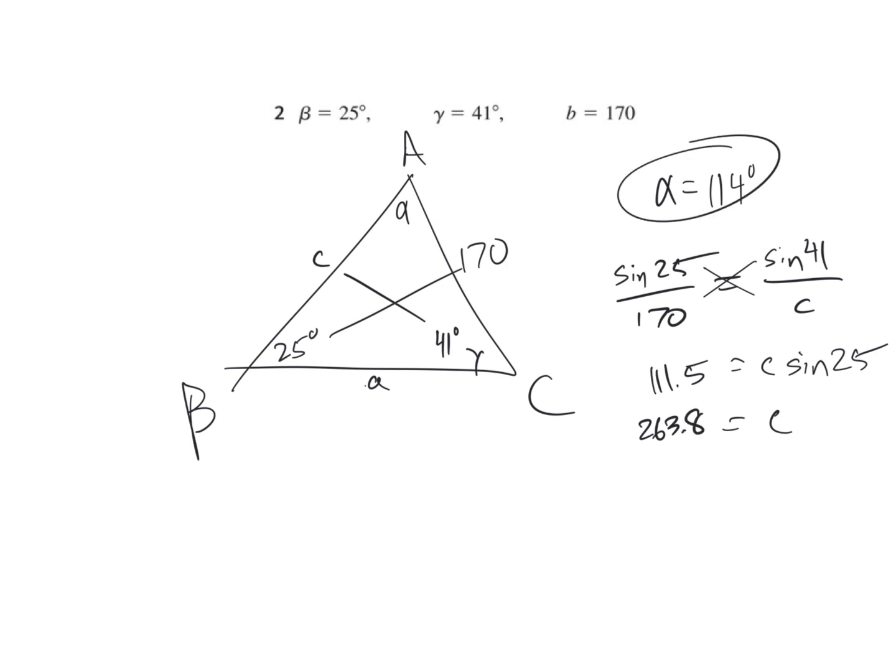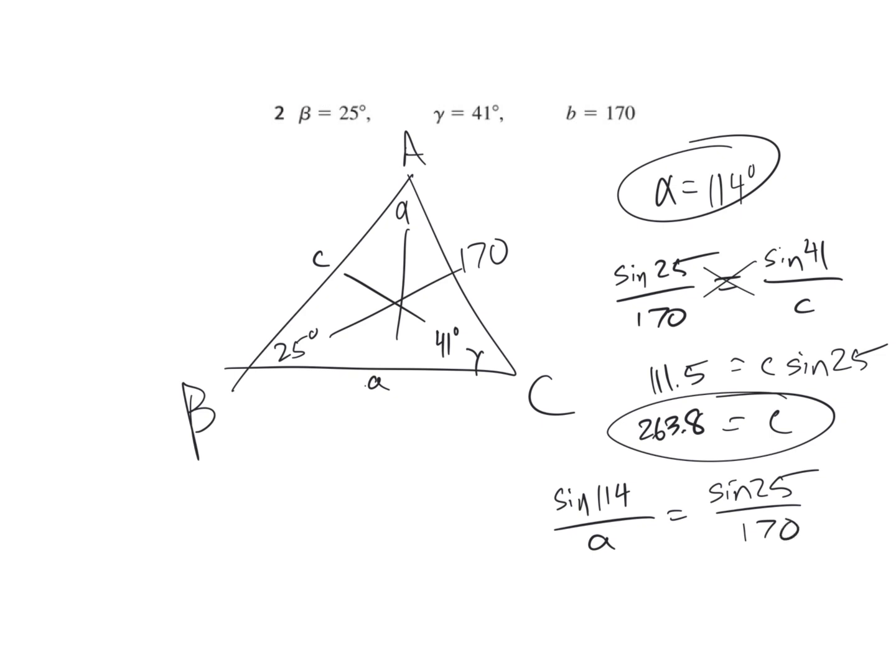Okay, so now we have alpha, we have little c, and now we need little a. So alpha, remember, is 114. So the sine of 114 all over little a is equal to the sine of beta, 25, is to 170.